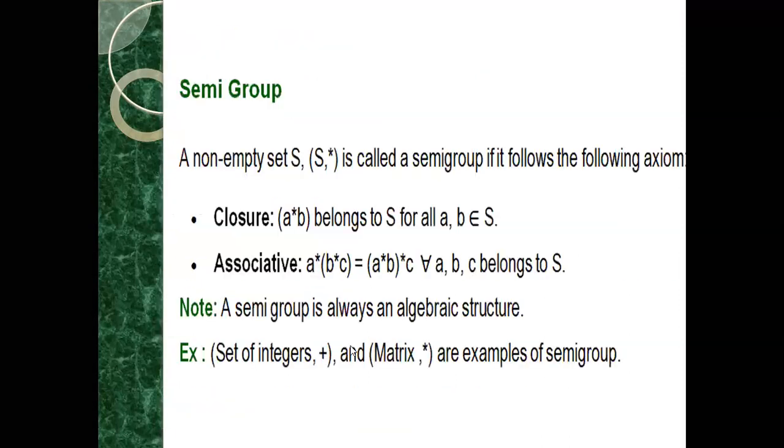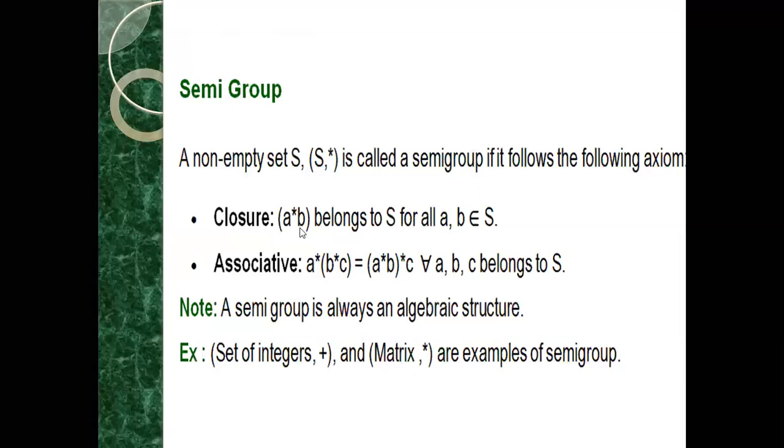So the next definition is the semi-group. A non-empty set S with star is called a semi-group if it follows the following axioms. The first is the closure law.